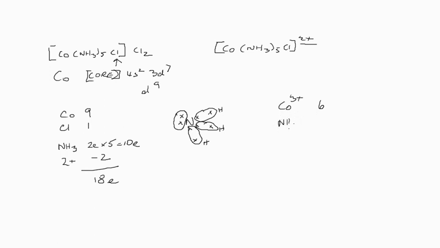The ammonia, as before, will be 2 electrons times 5 equals 10, and our chloro has now become a chloride, and so that becomes a 2 electron donor. And add those up, and there's the 18 electrons.